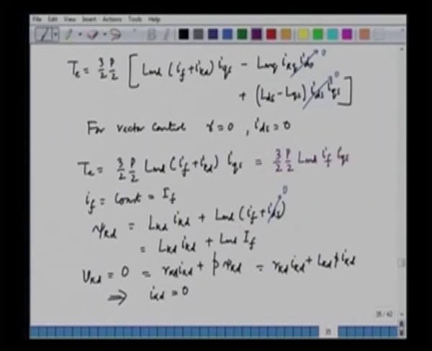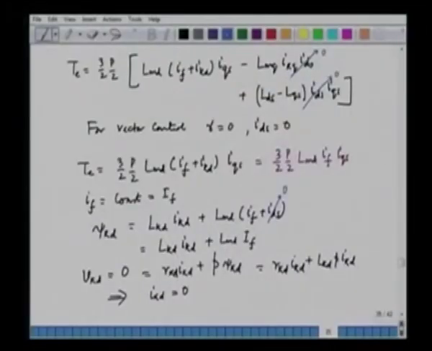IKD is equal to 0, it does not exist because the field current is constant. This is the equation of the torque, and it says that if we keep IF constant, torque is proportional to IQS. This equation is simple in the sense that IF is kept constant.